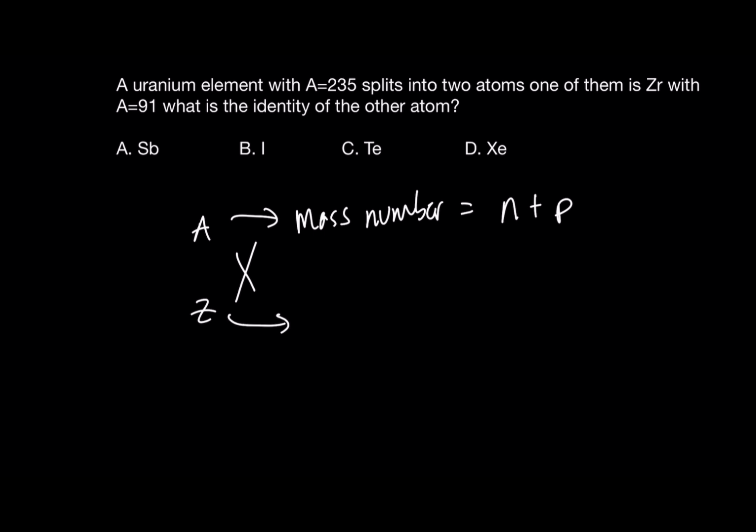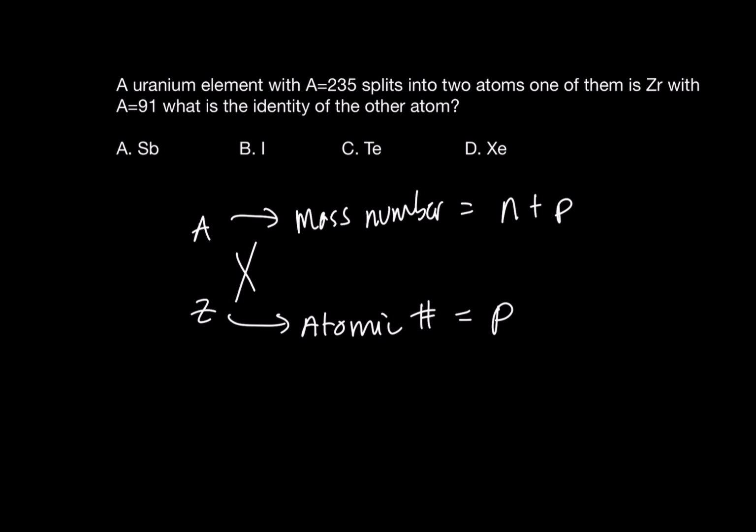Now your Z is going to be your atomic number. Your atomic number is basically what is on top of every element on the periodic table. It's just the number of protons. The key thing to understand here is that the number of protons is what dictates what element you have, right? Because the same atom can have a different number of neutrons and a different number of electrons.